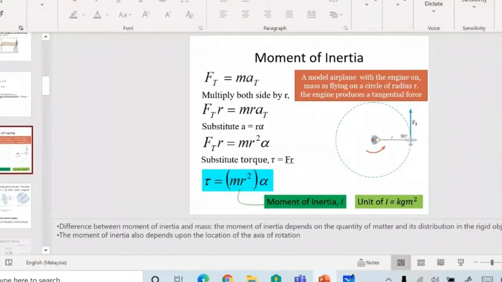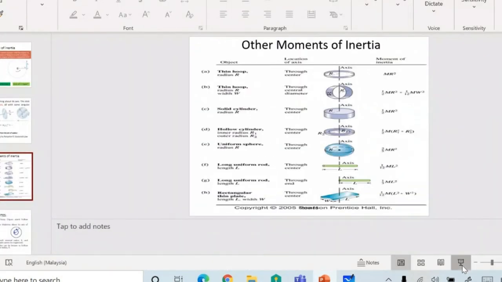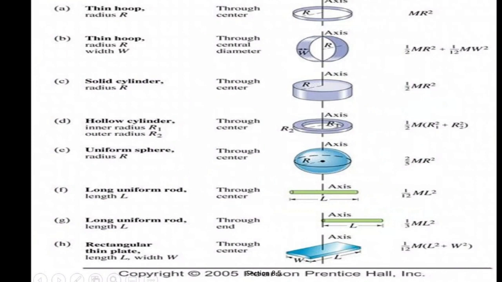We refer to this list. This is the moment of inertia for various shapes of objects. If you have a thin loop with a radius of r, then the moment of inertia is the mass of the loop multiplied by the radius squared. For a solid disc with a radius of r, we use another formula, half mr squared.